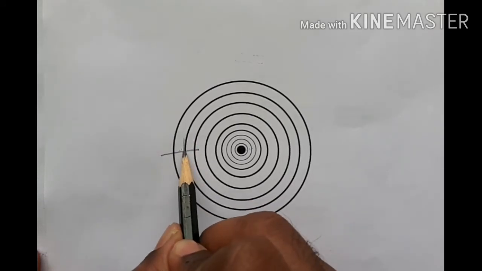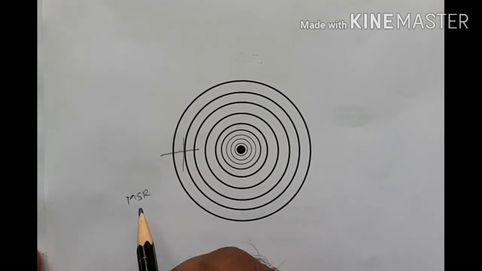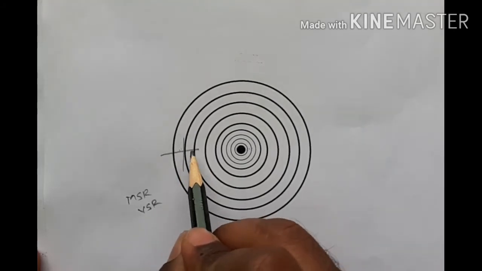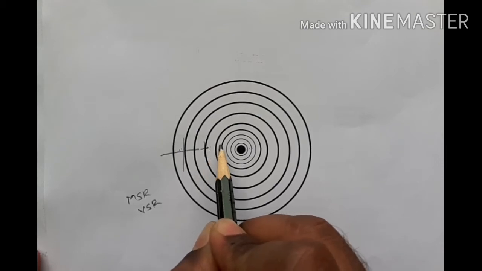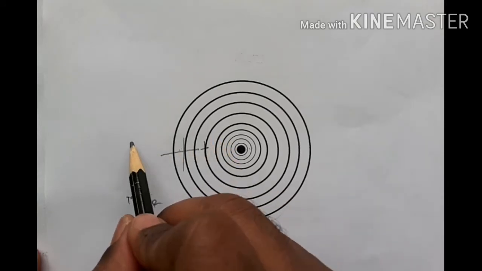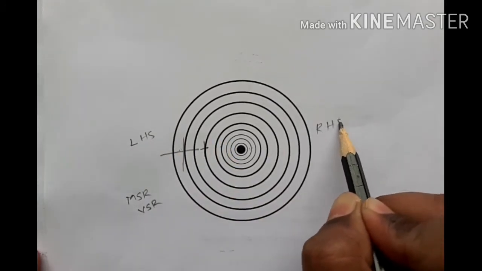Then take the readings. That is, we have to note down the MSR and the VSR, main scale reading and vernier scale reading, at this point. Then we should move on to the 10th ring and note down the readings. Move to the 8th ring. Like that we should take readings continuously from the left hand side to the right hand side.